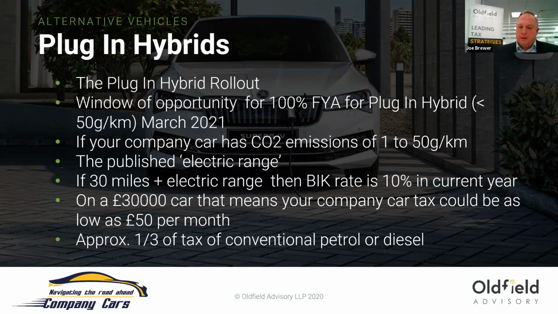So your benefit in kind calculation is based on how many miles it can do solely on electric power before the batteries need recharging. And that's a figure that's obviously published by the manufacturer. So for example, if the car does more than 30 miles on battery alone, regardless of whether you actually do that or not, if the car is capable of doing that, the benefit in kind rate is 10% of the list price in the current year.